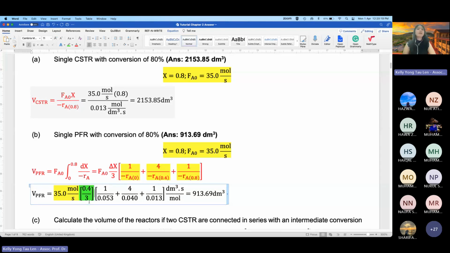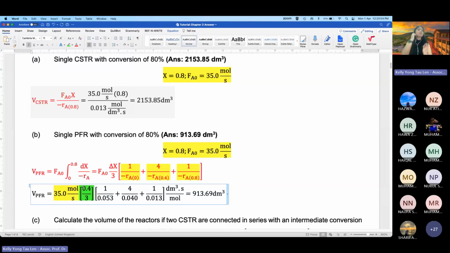Delta X is the gap between 0 and 0.4, or 0.4 and 0.8. Either one, the gap is 0.4. So delta X is 0.4 divided by 3. Again, I keep emphasizing delta X is not the middle X. Delta X is the gap between initial X and middle X, or middle X and final X.